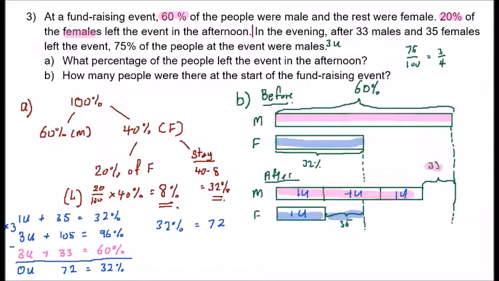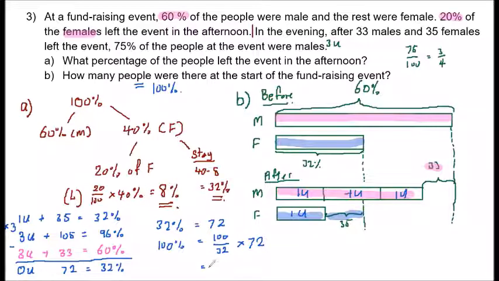If you want to find how many people were there at the start of the fundraising event, that would be referring to 100%. So we can use the method that I taught you, bottom over top times the top. 100 over 36 times 72.